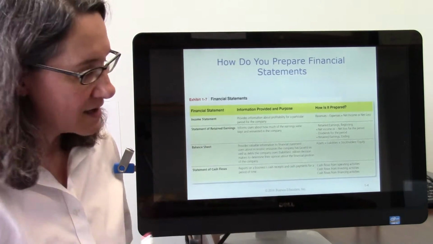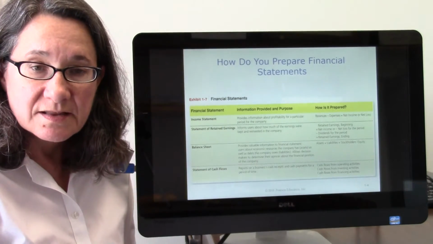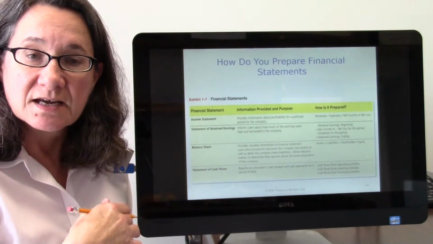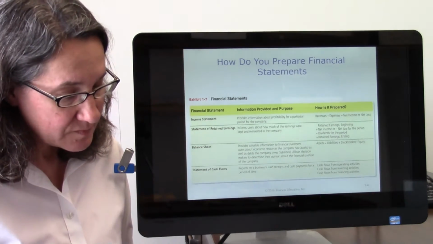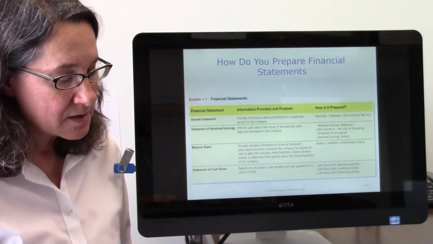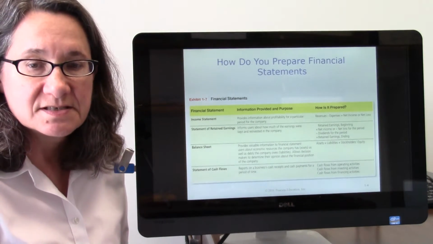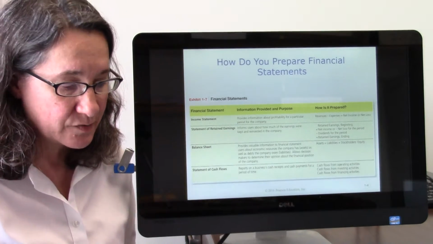Financial statements are just the reports that accountants make using the information from all the transactions they've been recording. Throughout the period, say a month, the accountant has been tracking all the increases and decreases to the assets, liabilities, and owner's equity accounts.